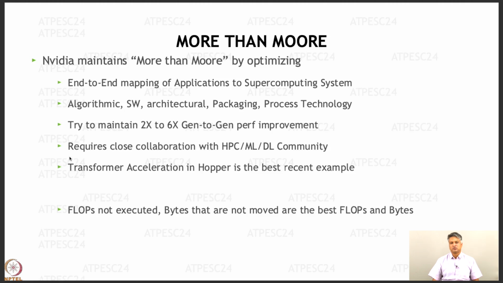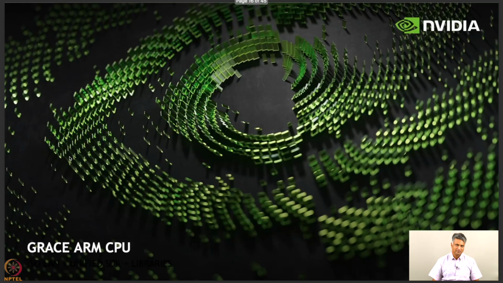Obviously, this requires a close collaboration with all HPC scientists, machine learners, and deep learning community. So what we are really trying to look at is how the memory is moved and what is the best floating point operations per second one can achieve. To that end, we will now discuss the upcoming Grace ARM CPU.